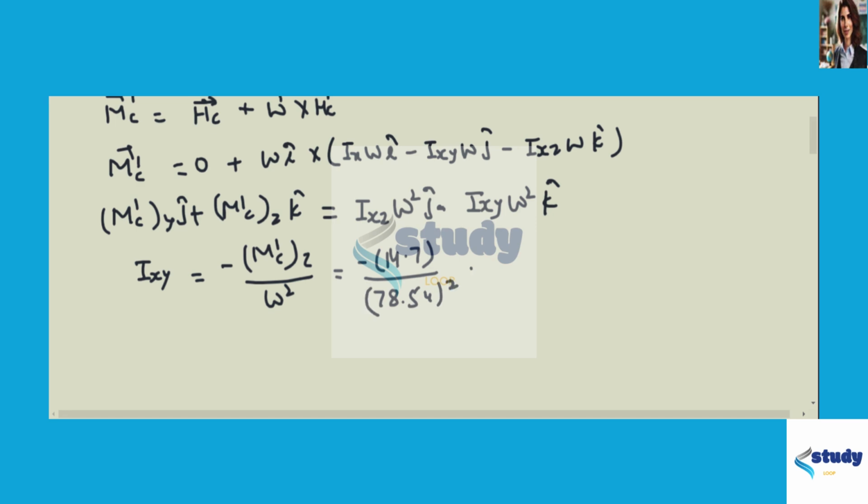On solving it, this value will be 2.3831 into 10 to the power of minus 3 kg meter square.